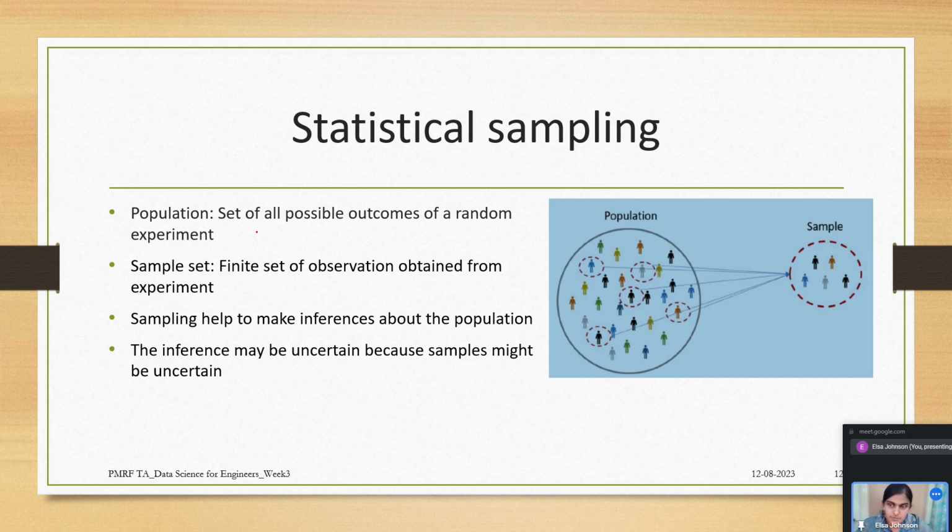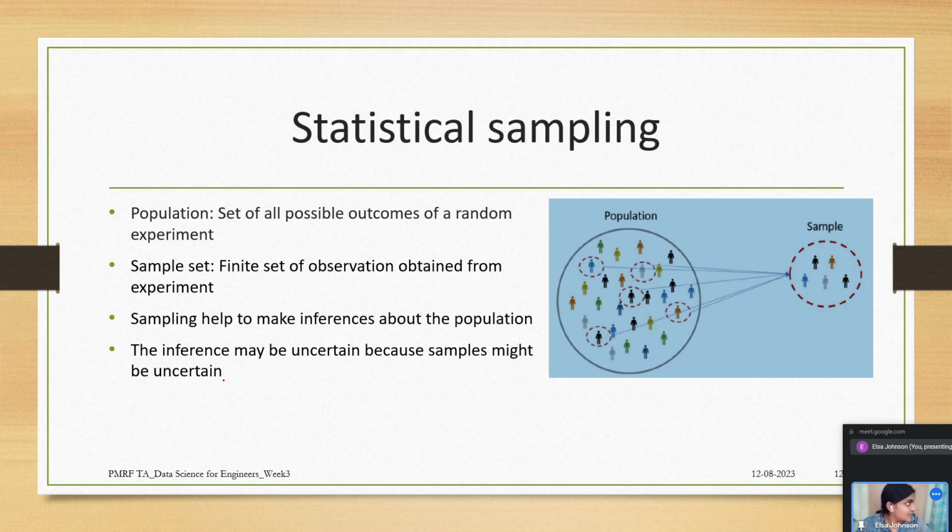Population is the set of all possible outcomes of a random experiment, and sample set is the finite set of observations obtained from the experiment. So why do you use sampling? You might have seen in the videos, sampling will help to make inferences about the population, and the inference may be uncertain because the samples might be uncertain.